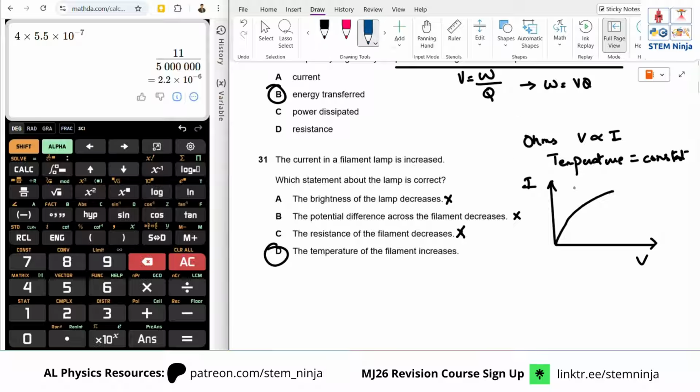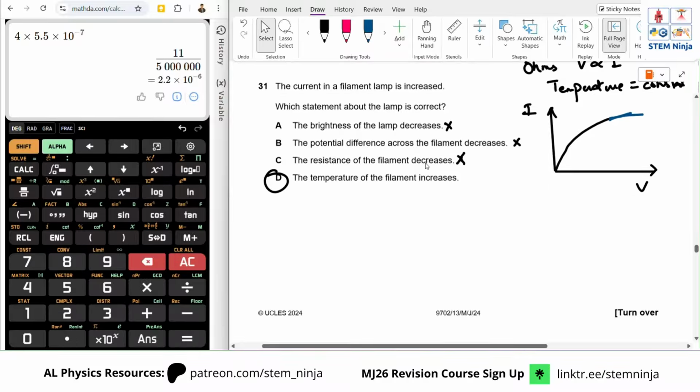How do we know that we are doing the right thing? As you increase the potential difference, resistance is rising. So in the graph of IV, the more you increase voltage, the change in current is decreasing. So resistance will increase.